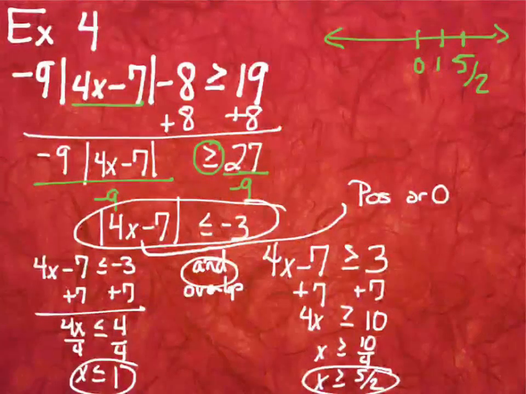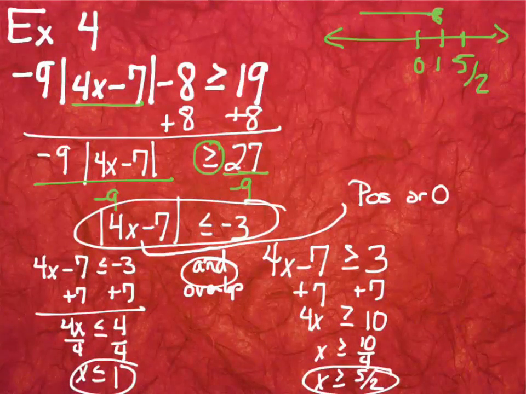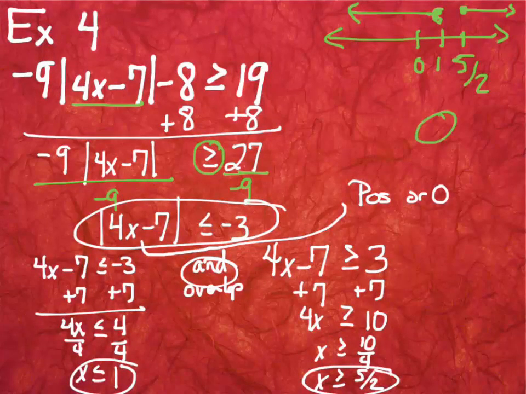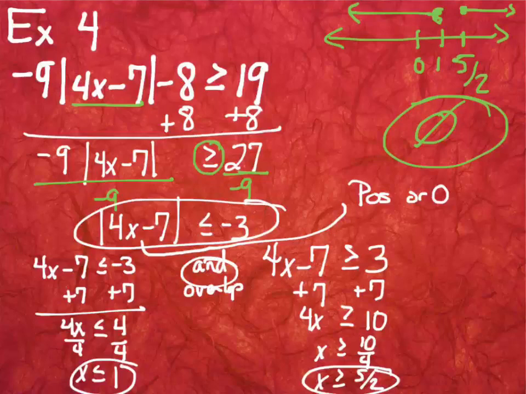So from the 1, I am shading towards the left with a closed dot. From the 2.5, I have a closed dot shading towards the right. Do these ever overlap? No. So this is the null set. That's your answer. This is the no solution or null set.